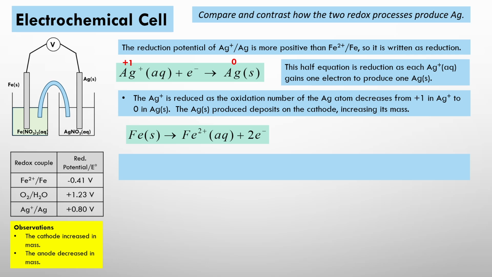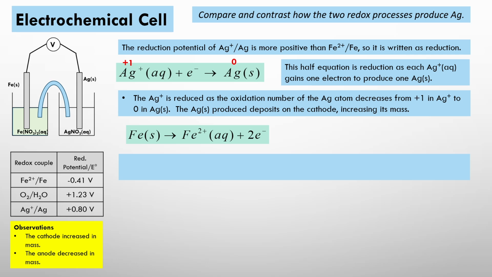Next, we're going to explain whether this is oxidation using loss of electrons. Now remember, LEO the lion goes GER. Loss of electrons is oxidation. That's LEO. GER, gain of electrons, reduction. This is losing electrons because they're on the right-hand side, so it's oxidation.